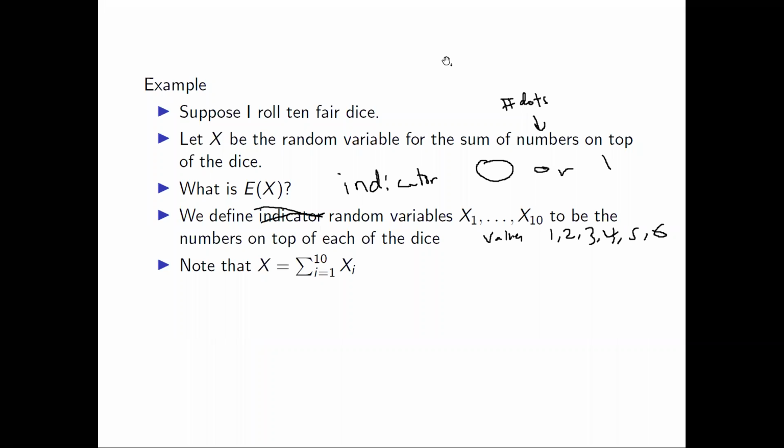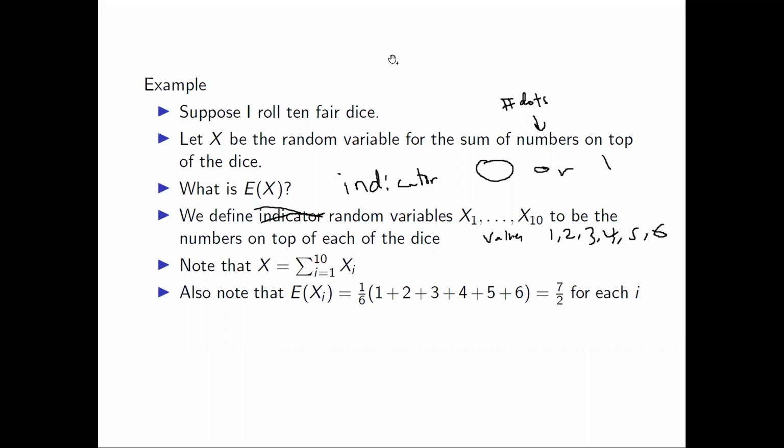In the last slide, they were indicators. But the linearity of expectation is very similar here. So we already noted that x is the sum of the xi's, but we also have to calculate the expectation of each of the xi's.